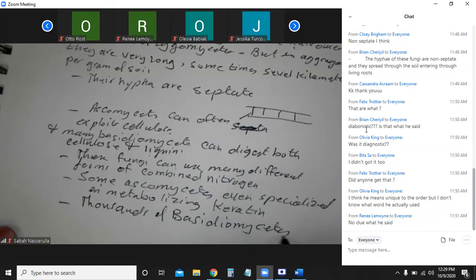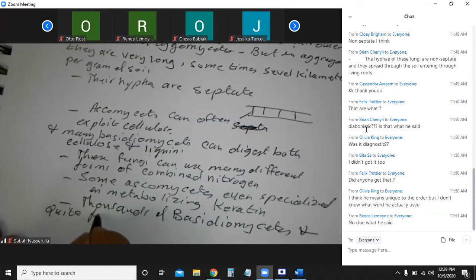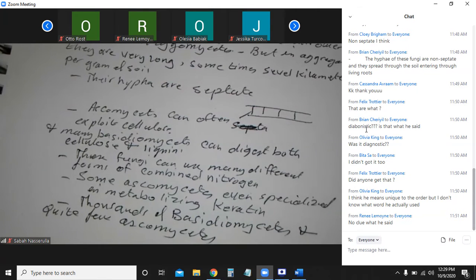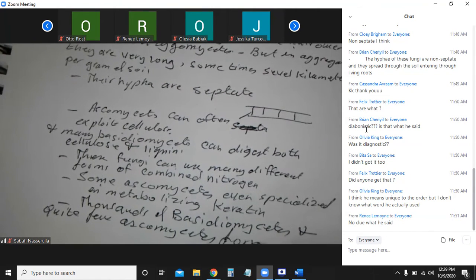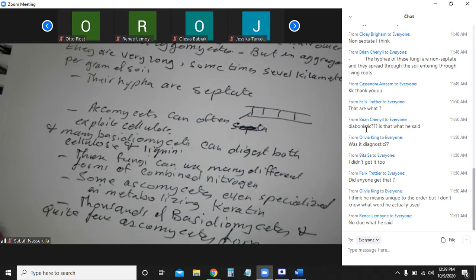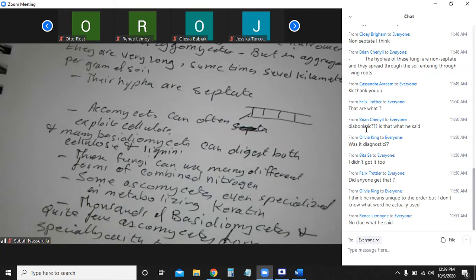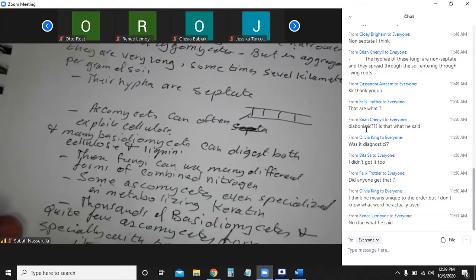Thousands of basidiomycetes and quite a few ascomycetes form mycorrhizae with the higher plants, especially with trees, like conifers.